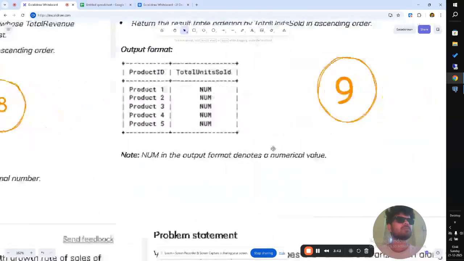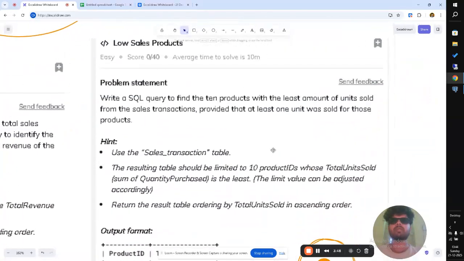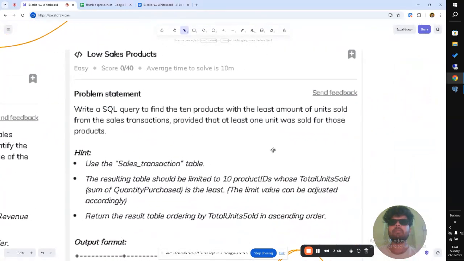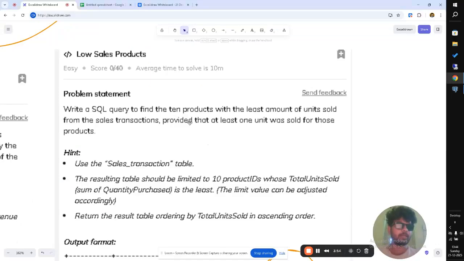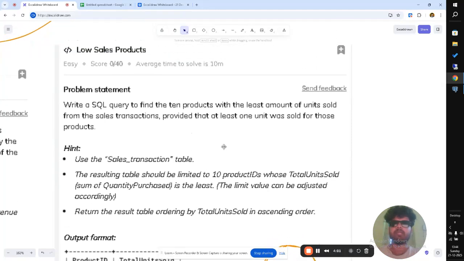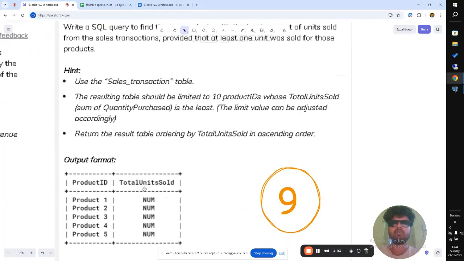Okay, question number 9, now we are solving low sell products. I think it is a variation of problem number 8. Top 10 low sell products, so same product ID and total units sold.